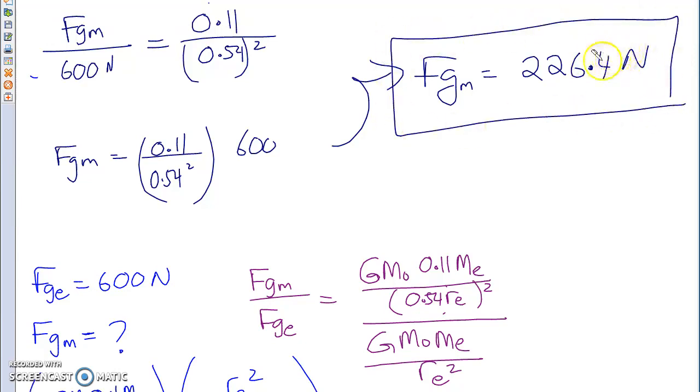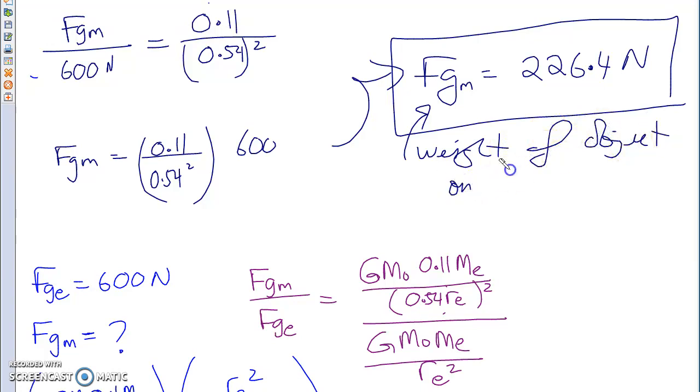And this is the ratio question. This is the weight of the object on Mars. Okay, are we okay with this?